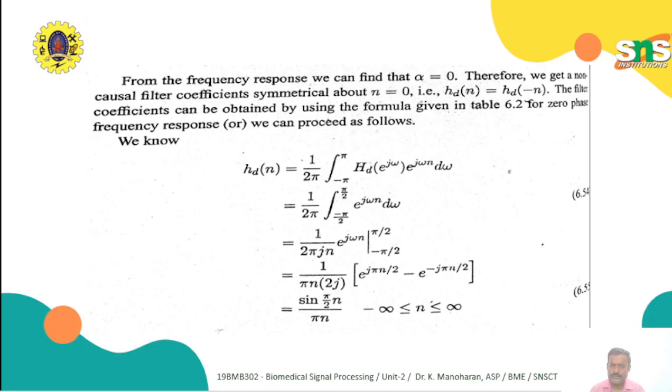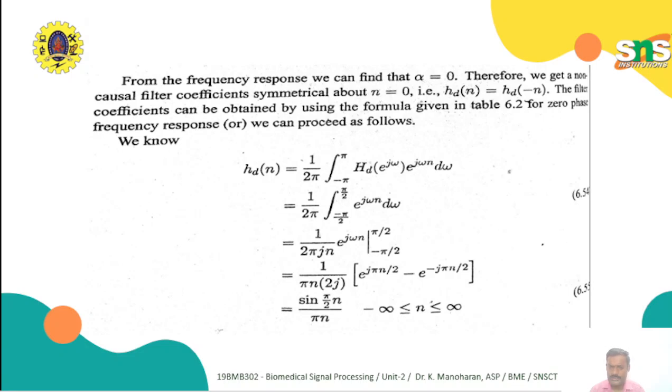Now I am taking this as a combination of 1 divided by πn into 2j, because e^jθ minus e^−jθ divided by 2j gives a sine value. That's why I am rewriting this. The π and n are taken outside, and the remaining 2j I am going to combine with this value.